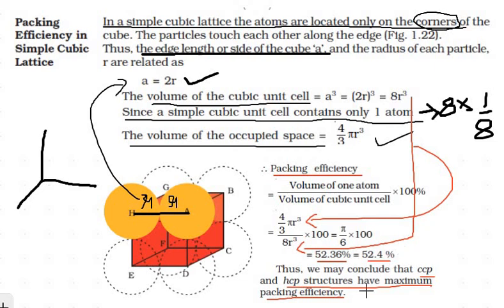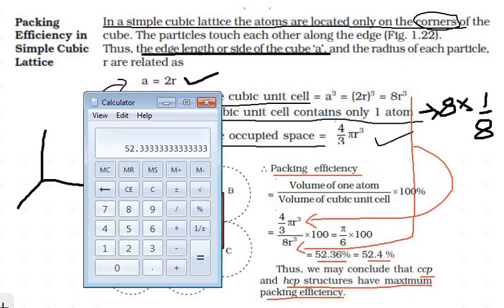Now if someone asks you the percentage void or percentage hollowness of simple cubic lattice, you need to subtract this from 100. So 100 minus 52.36, that is 47.46 percent, is the percentage void or hollowness for simple cubic lattice.